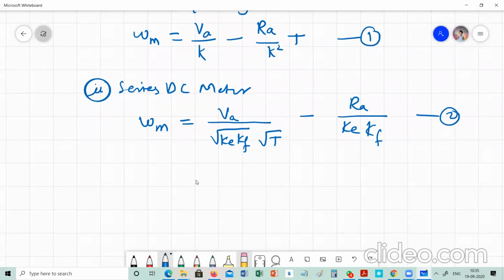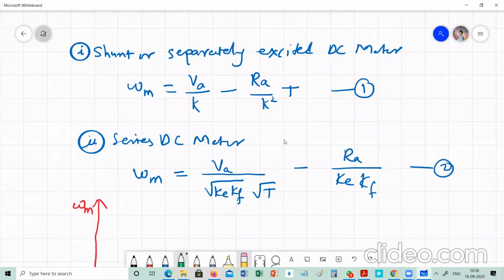From equation 1, if we draw the speed torque curve for the shunt motor, suppose the x-axis is torque and the y-axis is speed, then the speed torque curve will be like this. You can observe in equation 1 that VA by K is constant if the armature voltage is constant.